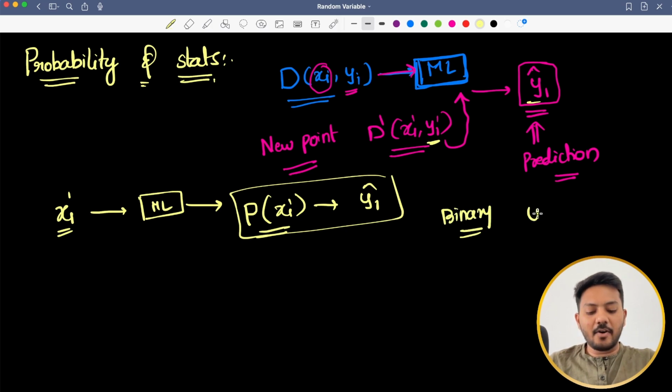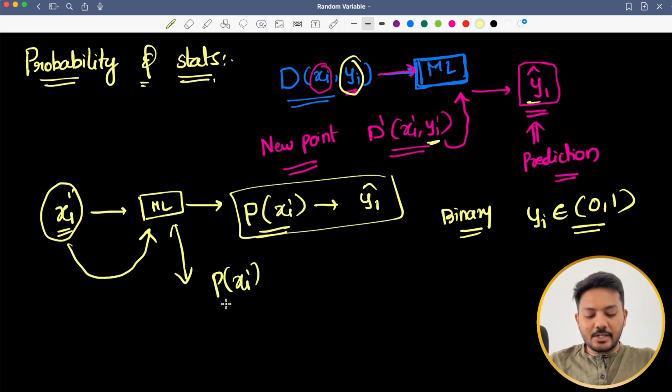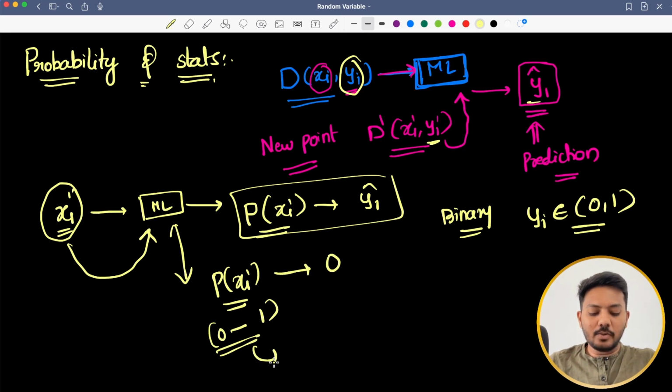That means my yi either belongs to 0 or 1, right? When I pass a new point to my machine learning model, what it will predict is the probability of x1 dash becoming 0. So this value could be from 0 to 1, and if my value is close to 1 or greater than 0.5, then I will classify it as class 0.